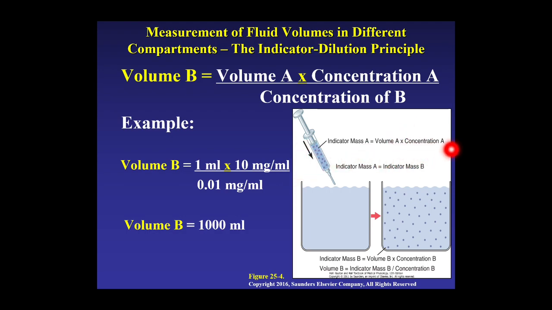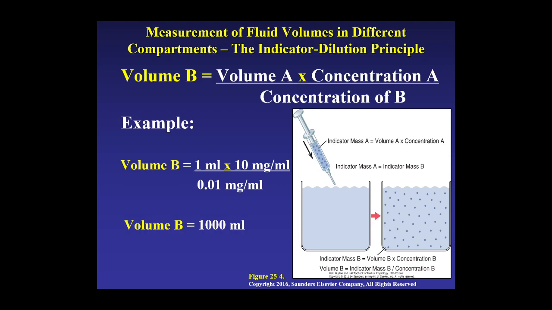Now when I put it in this container, the mass is still the same. Therefore, the mass of indicator A in the syringe is equal to the mass in this container, which is called B. The only difference is the concentration was very high here, but it's lower here, and this container is bigger than the syringe.